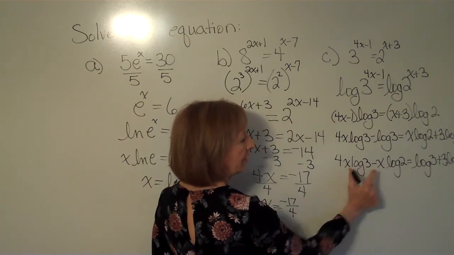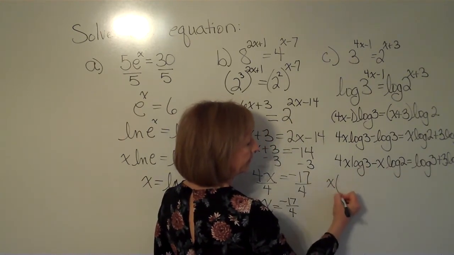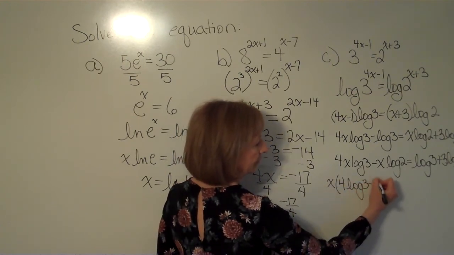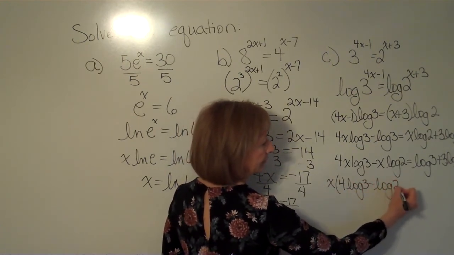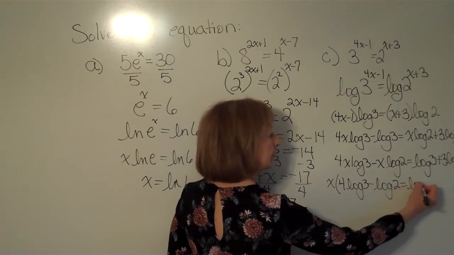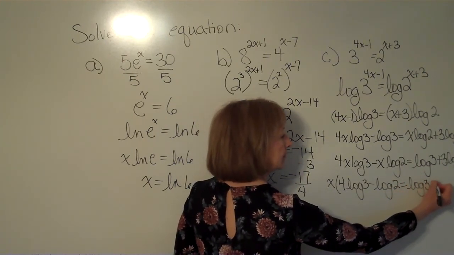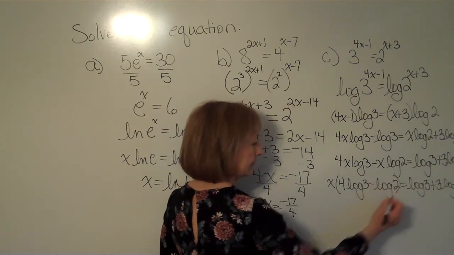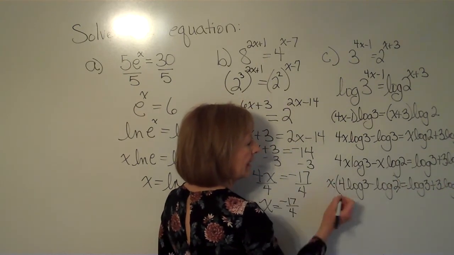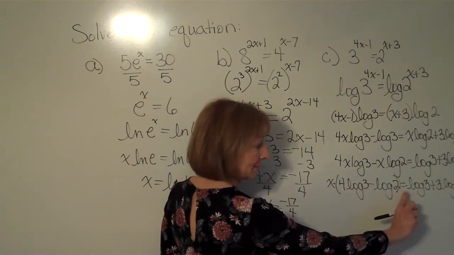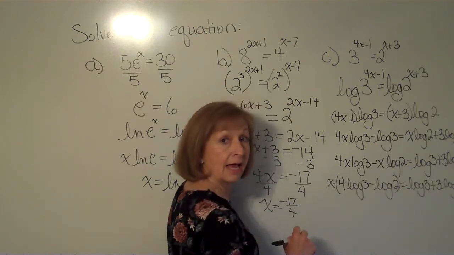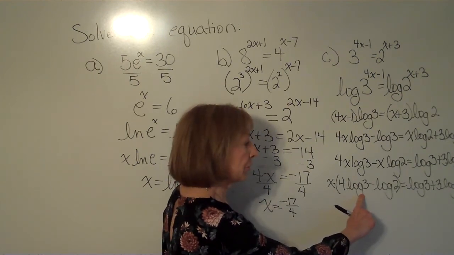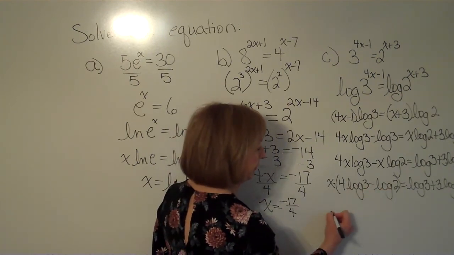Now I can factor out a common factor of x. And then to solve for x, since it's x times this expression is equal to that other side, we're just going to divide both sides by 4 log 3 minus log 2.